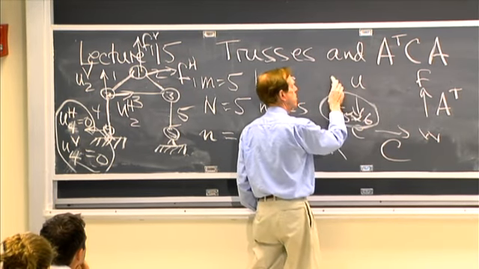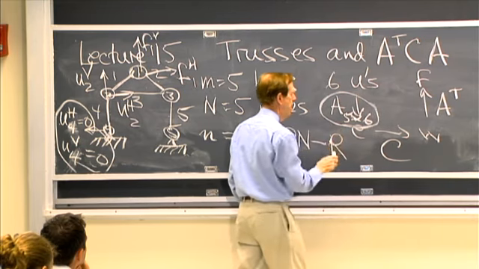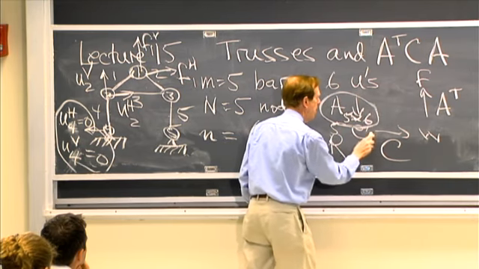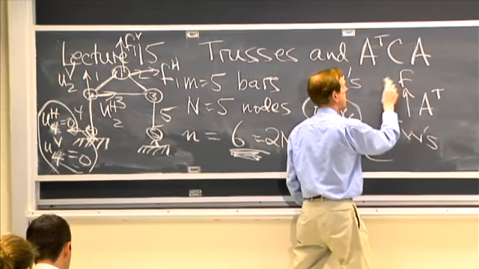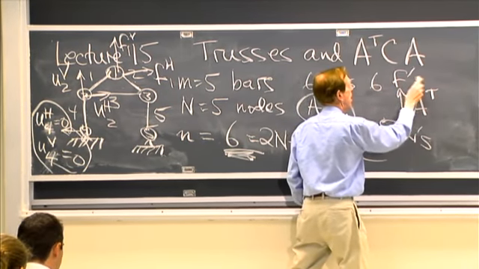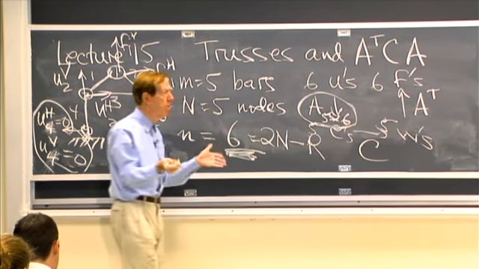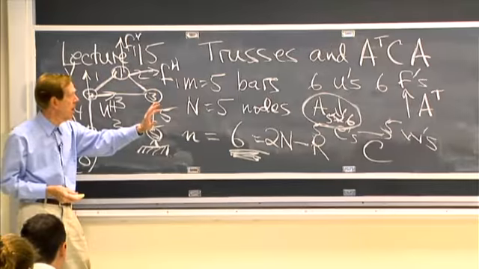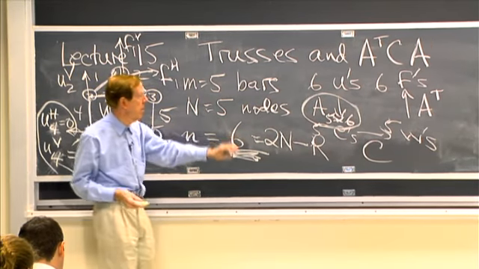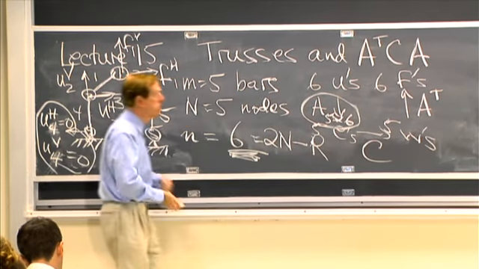There are 6 u's here, and there are 5 e's, and there are 5 bar forces, and there are 6 equilibrium force balances. 6 for the unknowns count, 5 for the bars count.